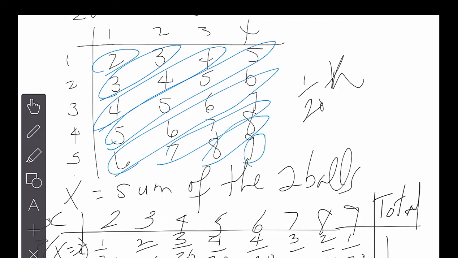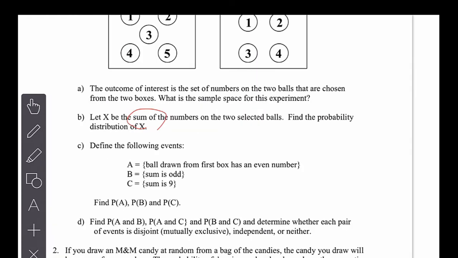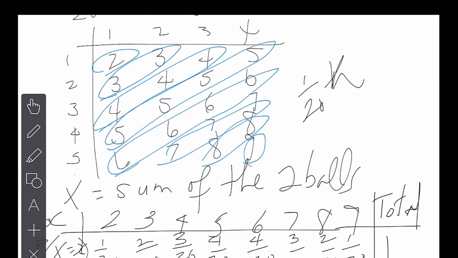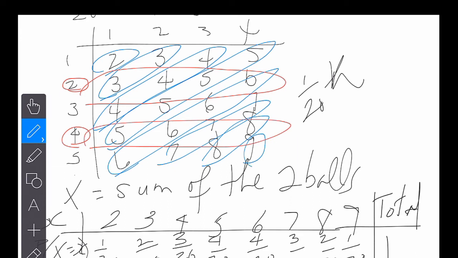That's what it said. Let's see this again. A is the ball from the first box was even. So first box is even in this row and this row. So these possible outcomes here, the red, would be A. Now it's probably messy looking at all of that, so maybe I'll recreate this down here, if you don't mind.